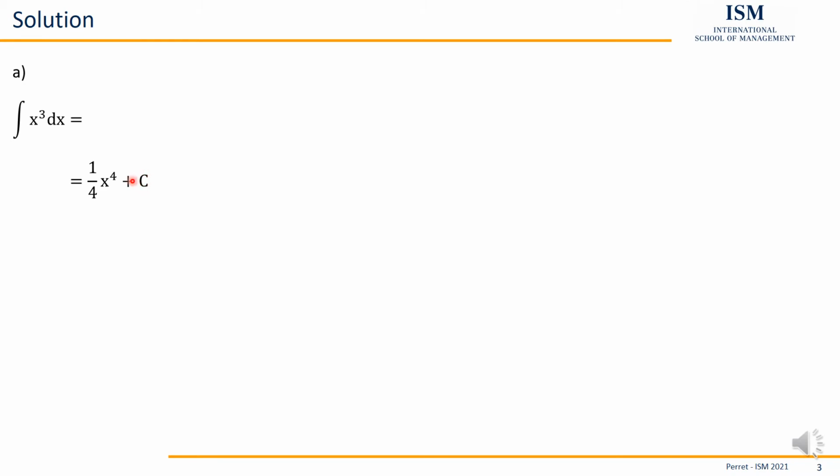So it could be the case, if I work my way back, that there has been or should have been some kind of constant or number here. So to take care of this, I'm always adding a plus c to any type of indefinite integral, or if I'm calculating the primitive of a function.